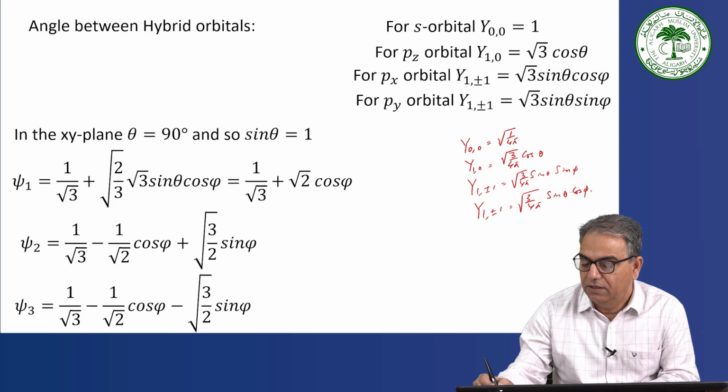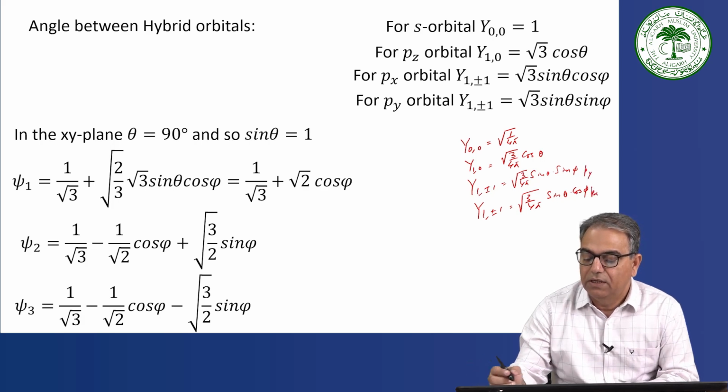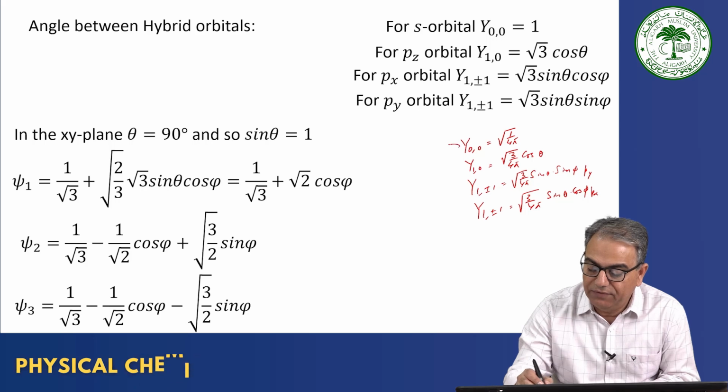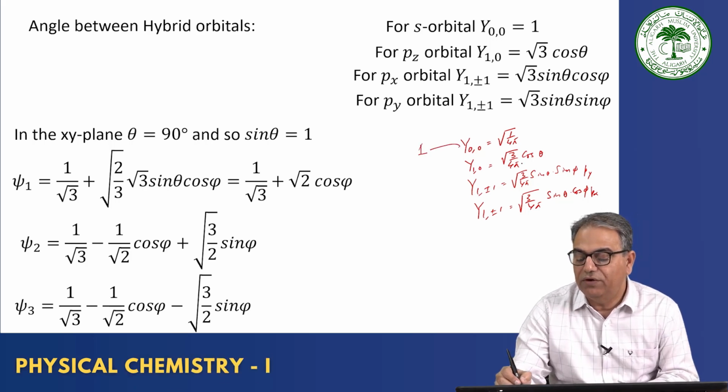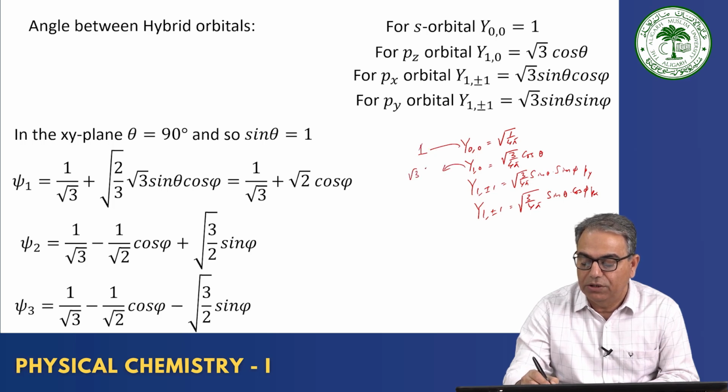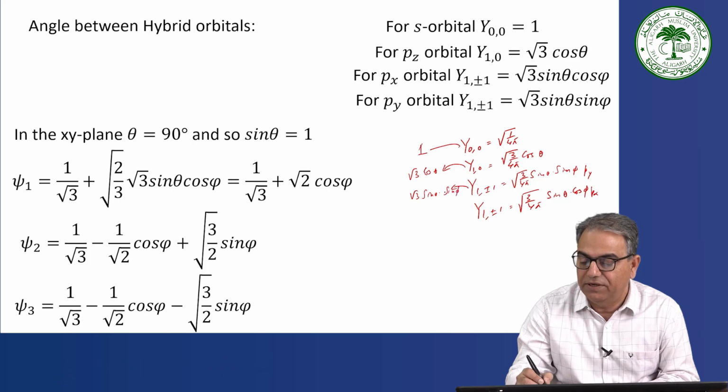Okay. So we have these three functions. This is for the px orbital, this is for the py orbital. Now, if you make 1 by 4 pi equal to 1, then 1 by 4 pi will go from this function also, and this will become root 3 cos theta. 1 by 4 pi will go from here also, and this will become root 3 sin theta sin phi, that is py.